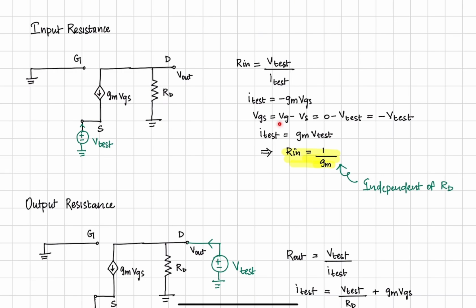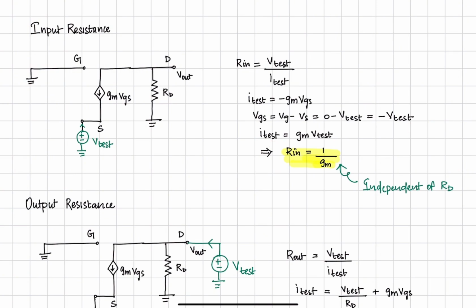VGS is defined as the gate voltage minus the source voltage. We already know this. There's a small change in this case. The gate voltage is 0 since the gate terminal is grounded, while the source terminal is connected to a test voltage. So Vs is Vtest. Hence the gate to source voltage is given by minus Vtest.